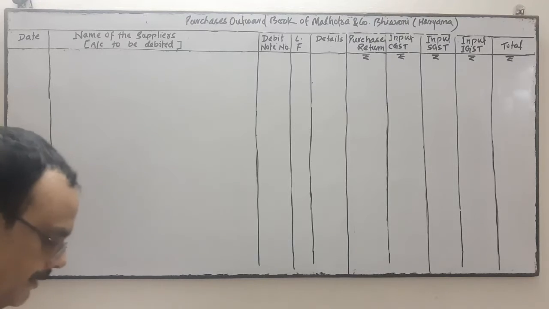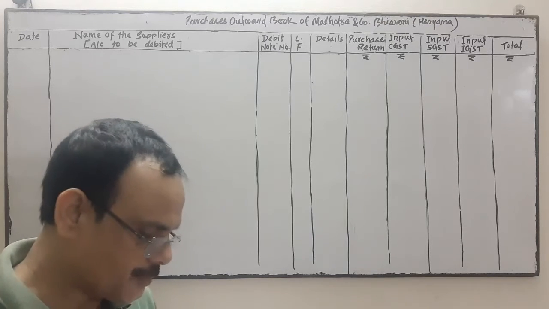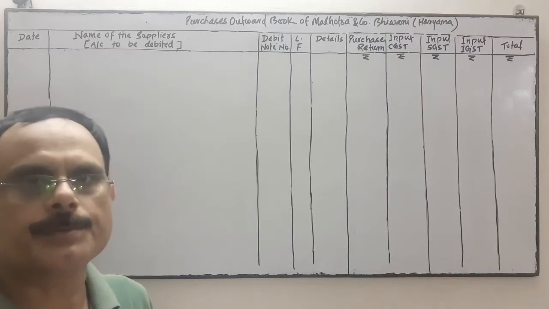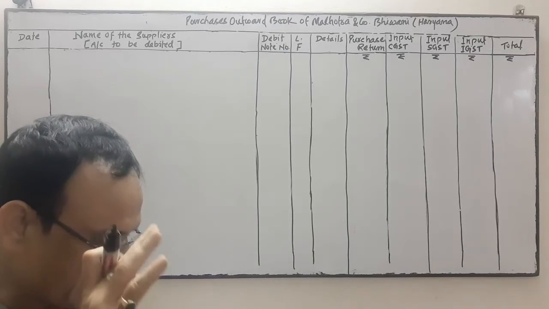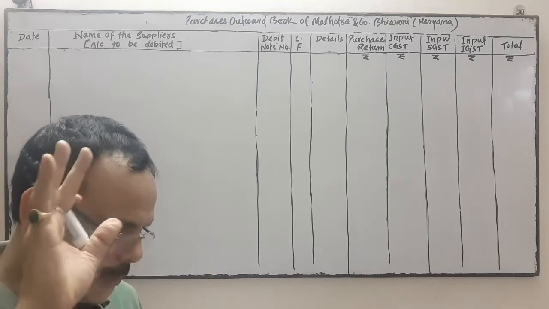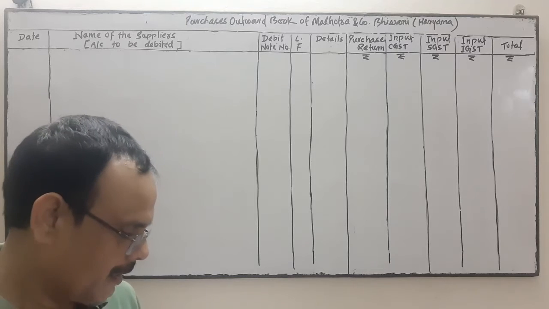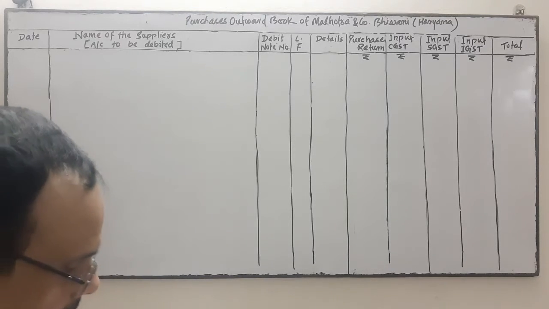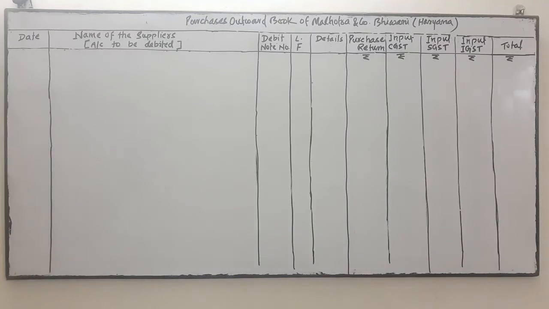Write up the return outward book of Malhotra and Company, Bhiwani from the following transactions, assuming CGST and SGST both at the rate of 6%.